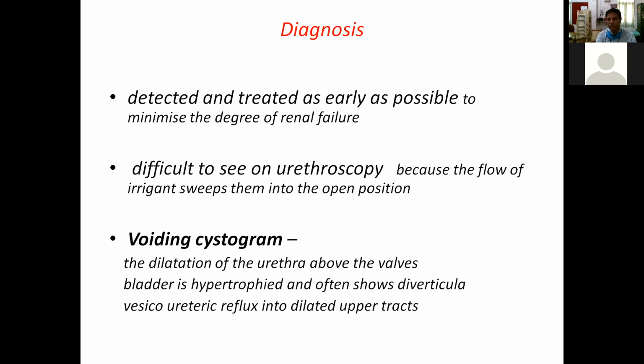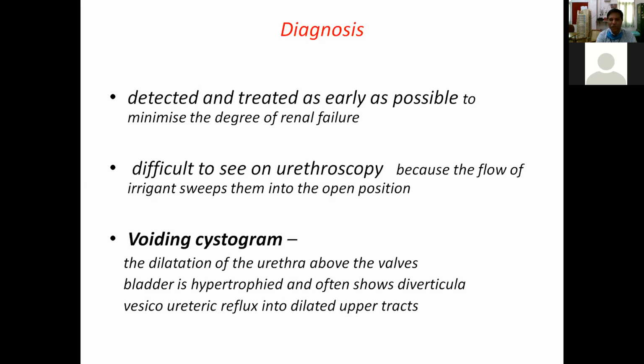A cystogram is nothing but injecting the dye into the bladder, removing the catheter, and taking the X-ray. In such conditions, you do not see them. Unless the urine and the dye enter the posterior urethra, you cannot see the obstruction. So you have to take a voiding cystogram: inject the dye into the bladder, make the bladder full, and ask the patient to try to pass urine.